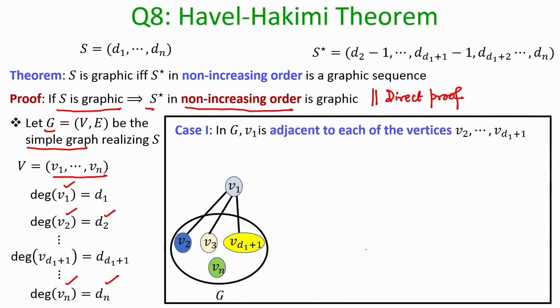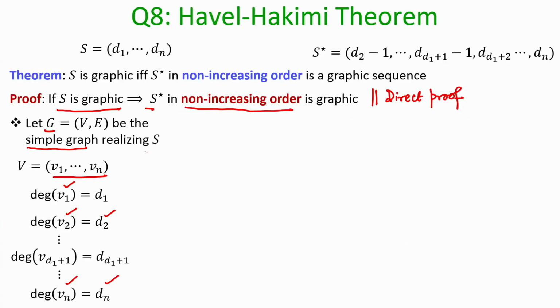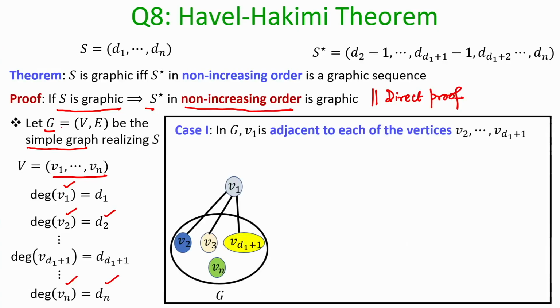I will now use a proof by cases. Once I assume my premise to be true, I will do a proof by cases, because there will be two cases depending upon what exactly the structure of the graph G is. So, case 1 will be the following.